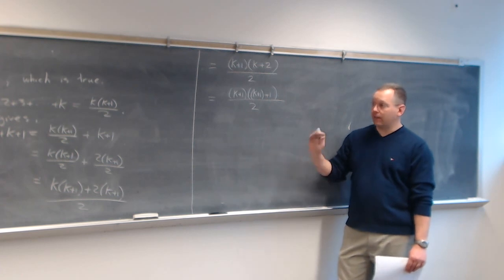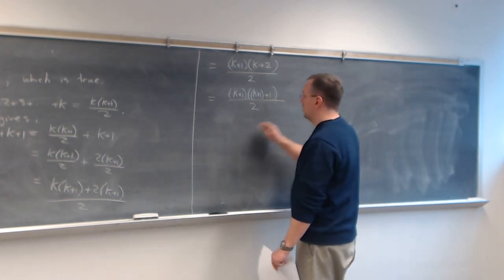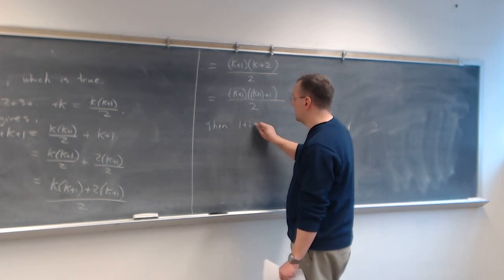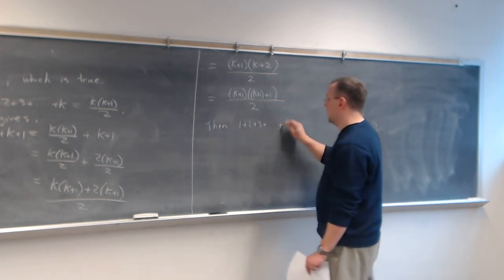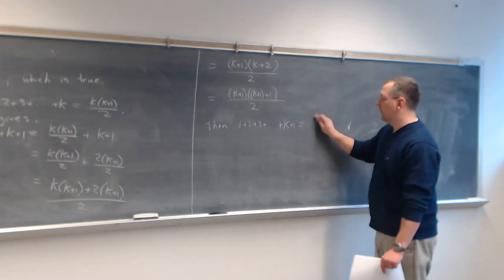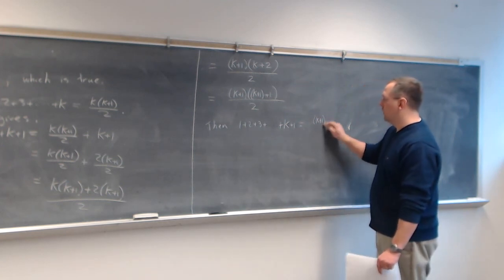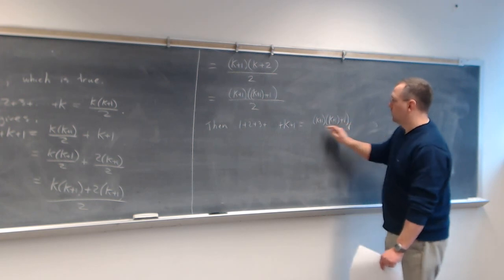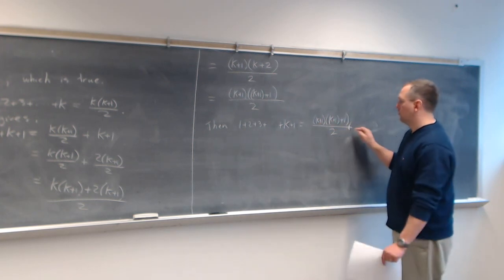So now I've shown that 1 plus 2 plus 3 all the way up to k plus 1 does equal k plus 1 times k plus 1 plus 1 all over 2.